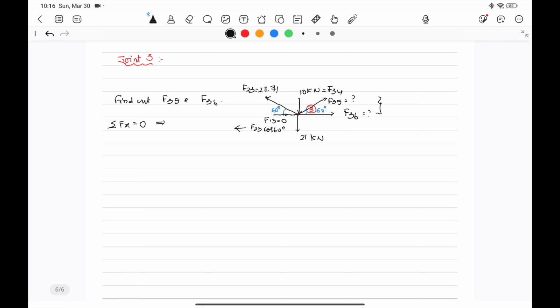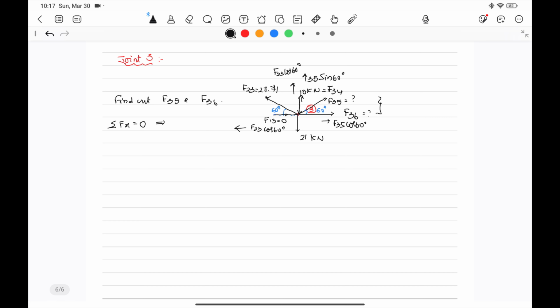This way F35 cos 60, and this way F35 sin 60. We are resolving the forces in all the directions. And this way F23 cos 60.